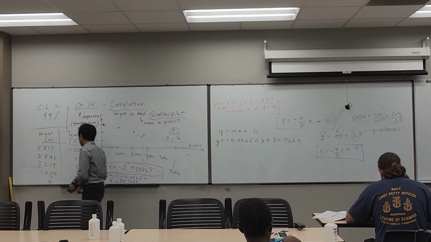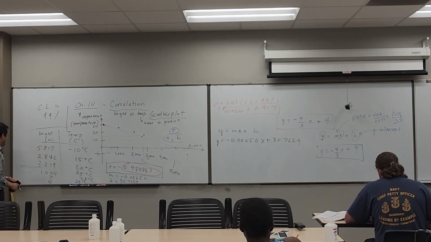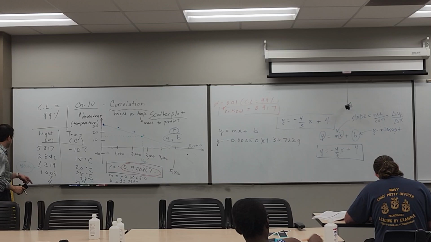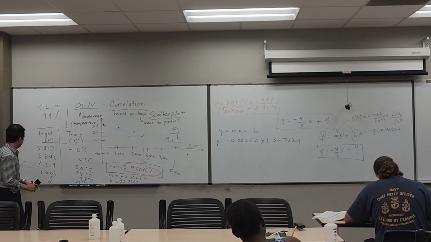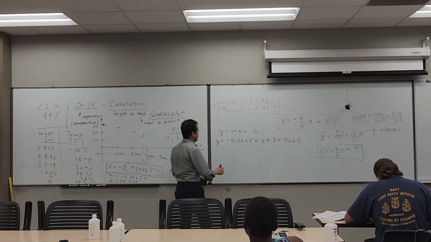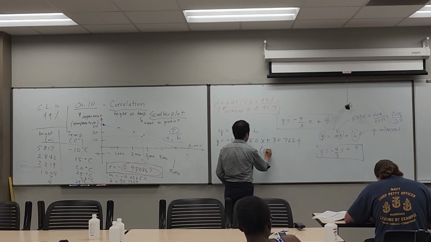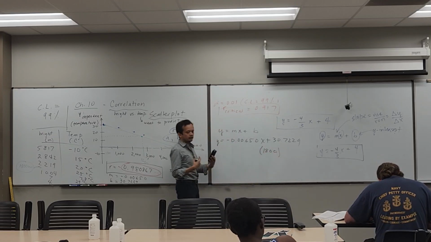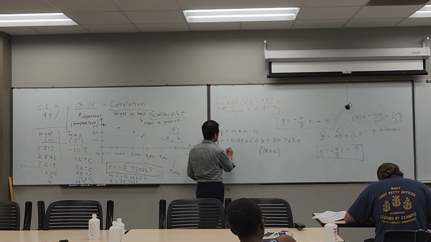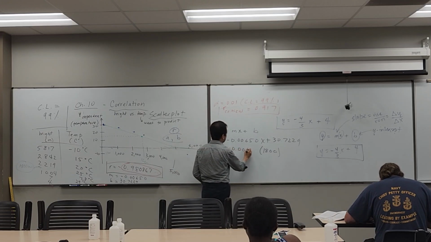And so let's say we're interested in knowing, at 1800 meters, what does the corresponding temperature need to be? What's the y value? So let's plug this in.